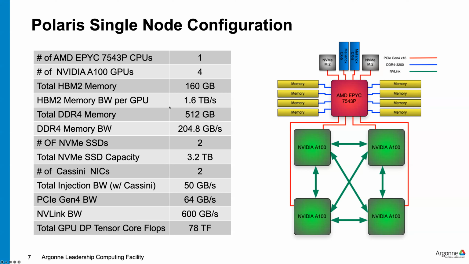In aggregate, we have 1.6 terabytes a second for the memory on the GPU, so quite high bandwidth. We also have some local SSDs, and I'll talk about those more later. Eventually, when the system is running Slingshot 11, we'll have 2 NICs each at 25 gigabytes a second.